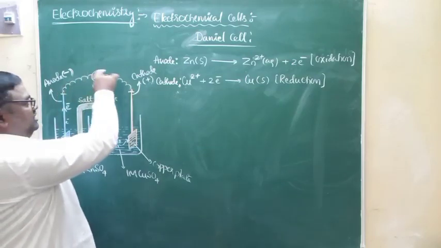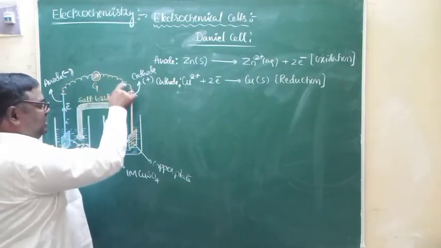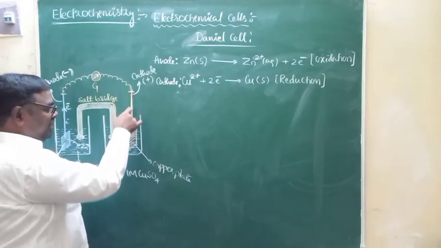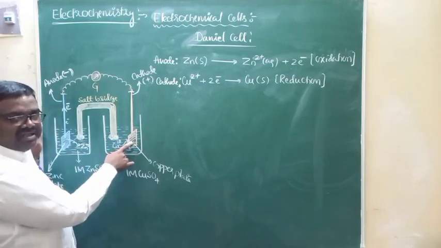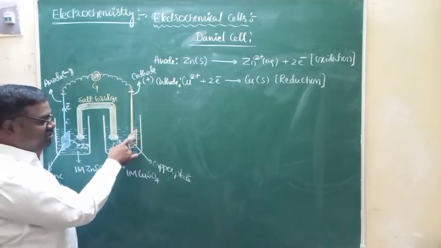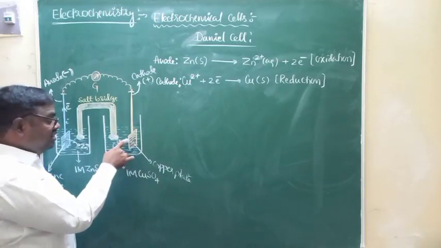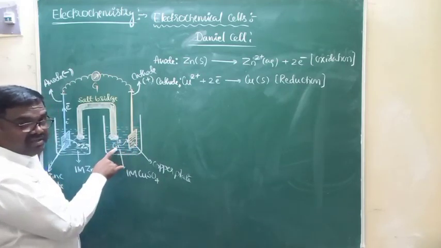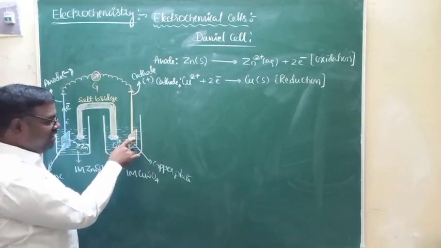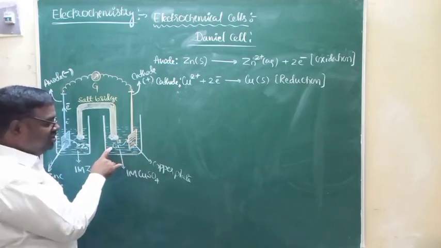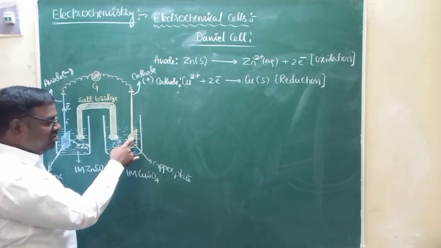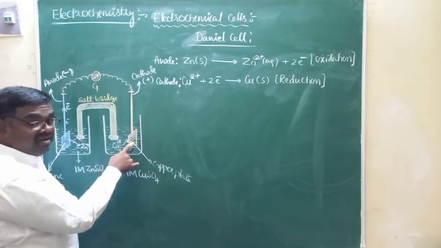Look at this. These electrons will be moving towards the cathode. They are accumulated on the surface of the copper metal. And these electrons over the copper metal surface will be taken up by copper ions in the copper sulfate solution.